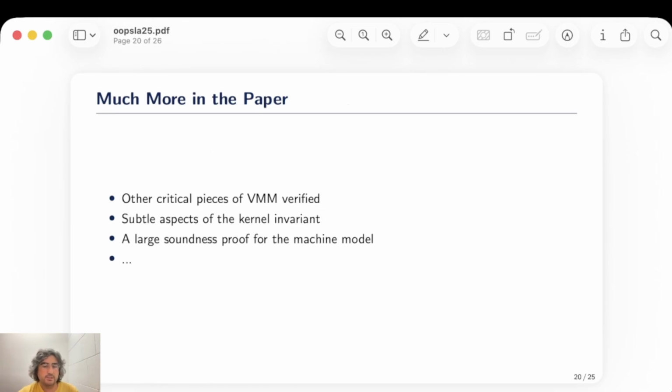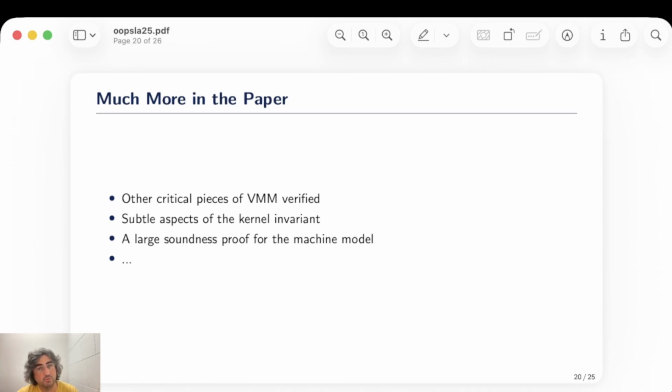So this is pretty much what I would like to say. This is the gist of what is in the paper. There is a lot in the paper. There are other critical pieces of the VMM discussed and verified in the paper, subtle aspects of the kernel invariant are also in the paper, and a large soundness proof is also there.